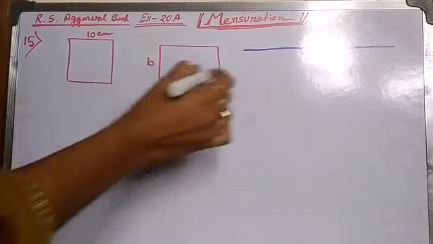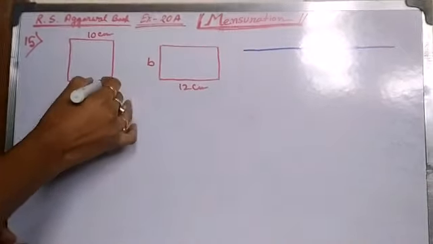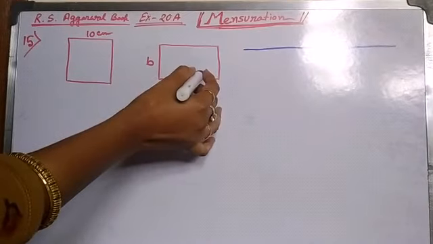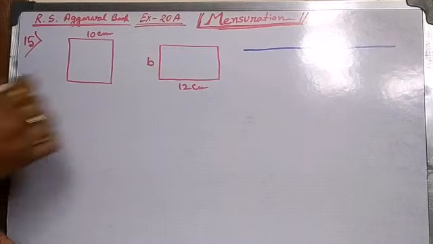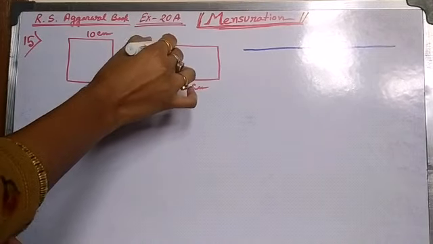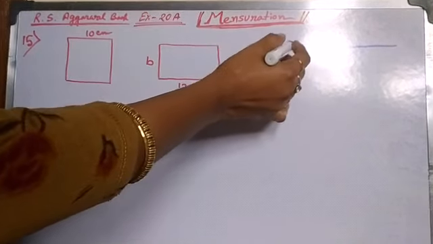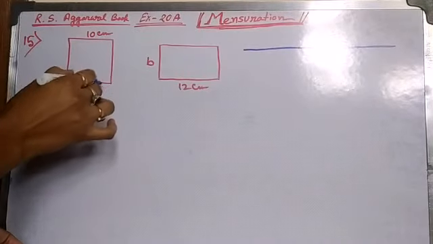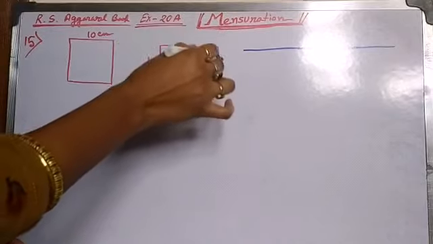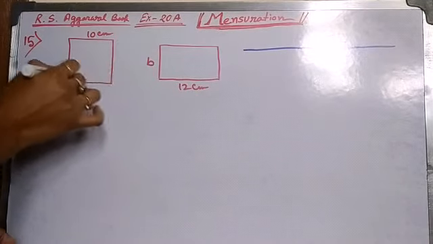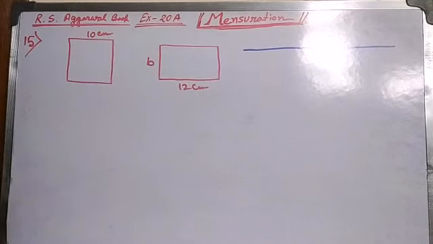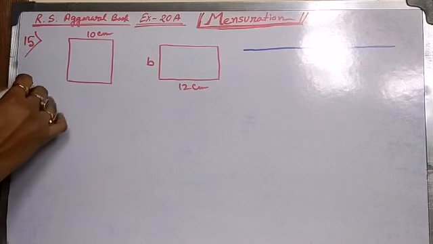That means by this wire, this square is made one time and this rectangle is made another time. That means its perimeter is the same. Length of the wire will be the same for both cases. So let's find the perimeter of square.